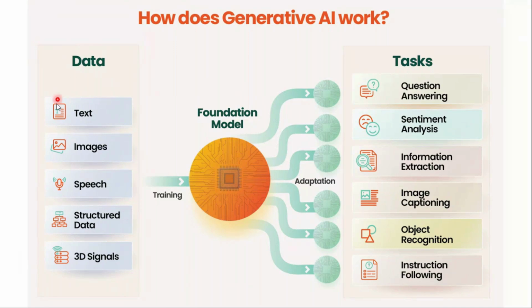On top of this data, we perform the pre-training, and what we get from the pre-training is the foundation model. On top of this, in order to optimize the behavior and the output, we perform fine-tuning.